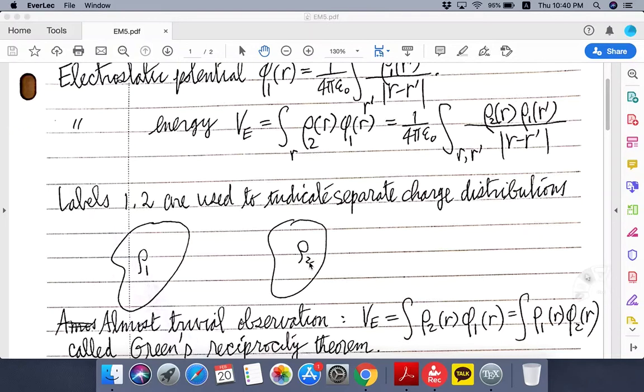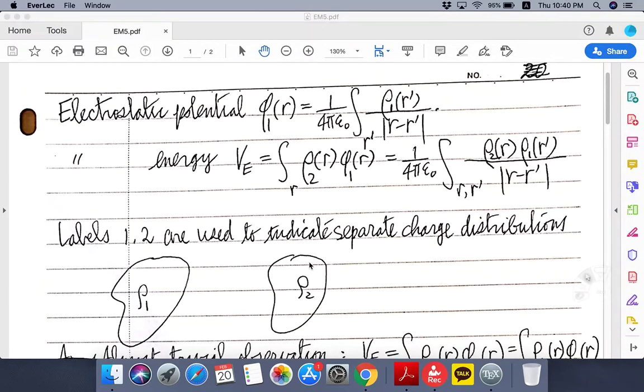So the potential energy, according to the standard definition, is just the electrostatic potential multiplied by the charge. Or in the case of a continuous distribution, it's the charge density multiplied by the local electrostatic potential integrated over all positions where such charges reside. So the potential energy will be given by this integral of the second charge distribution function multiplied by the electrostatic potential generated by the first set of charge distributions over here.